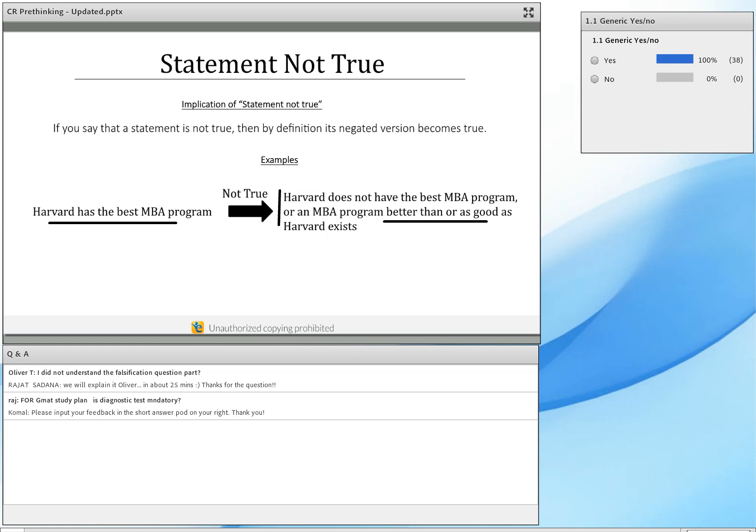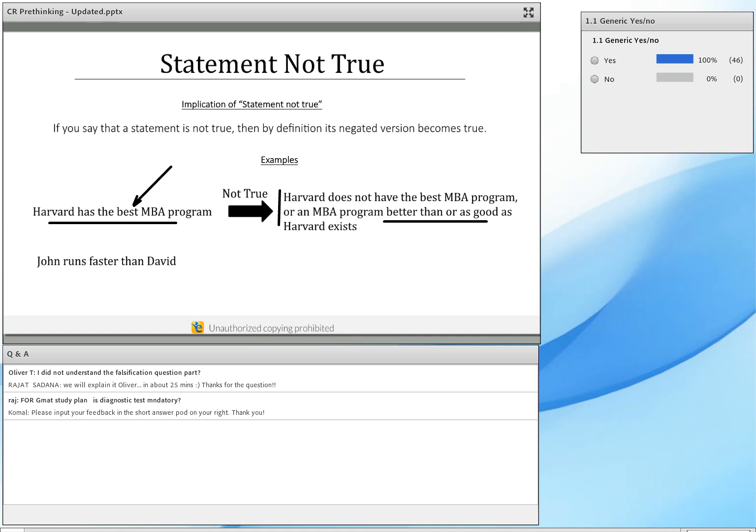Let's take another example. John runs faster than David. Very simple statement, does a comparison, which, by the way, best is also an implicit comparison. Why? Because it's a superlative degree, and comparative and superlative degrees are always comparisons.